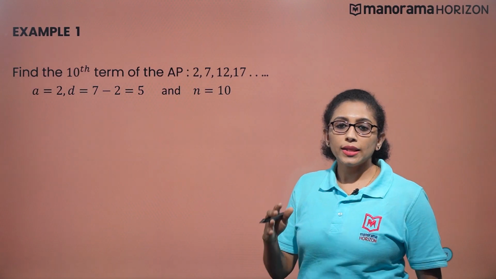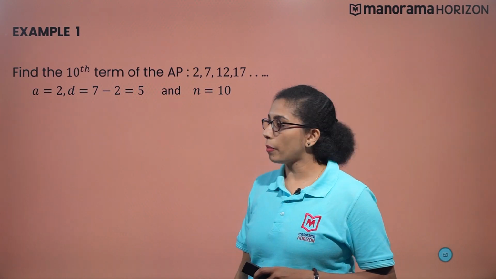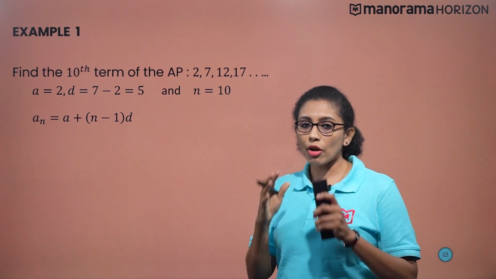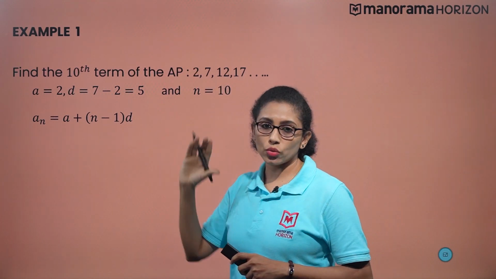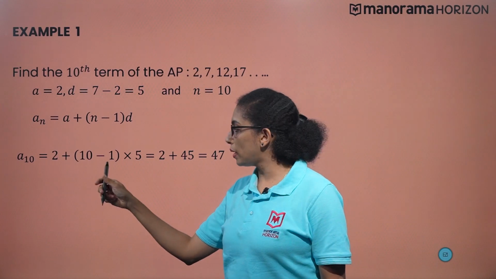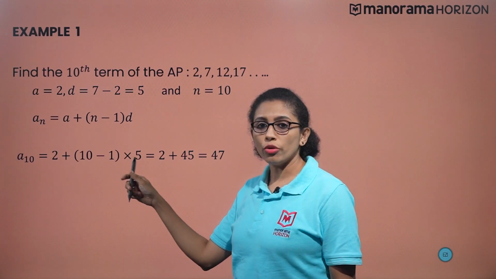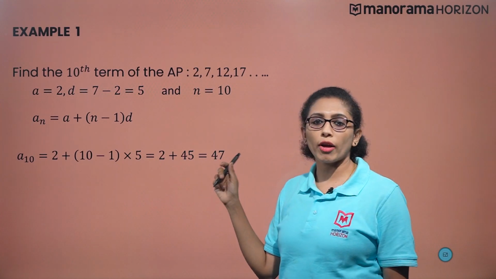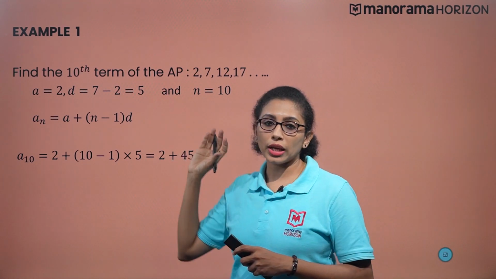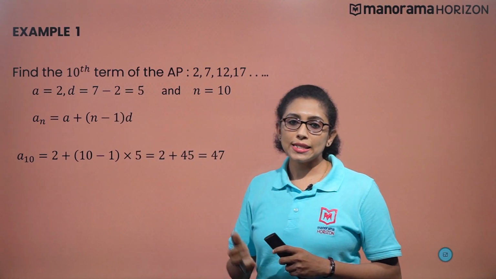We know that the nth term of an AP is obtained by the equation an is equal to a plus (n minus 1) into d, and we have to apply this formula to this question. So a10 is equal to, substituting the values, 2 plus (10 minus 1) into 5, which is equal to 2 plus 45, and we get it as 47. So we get the 10th term of the given AP as 47.